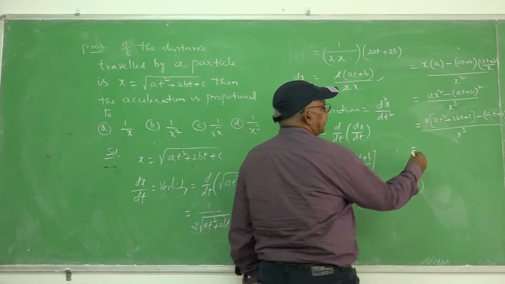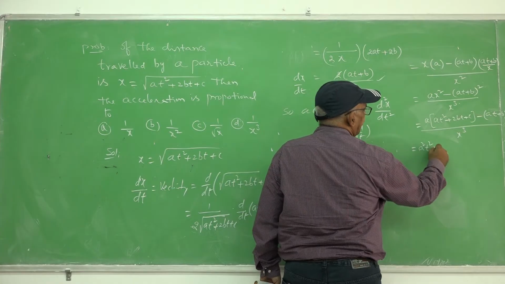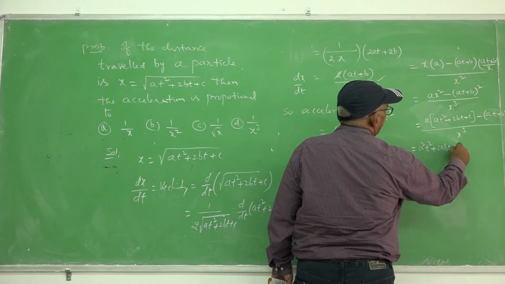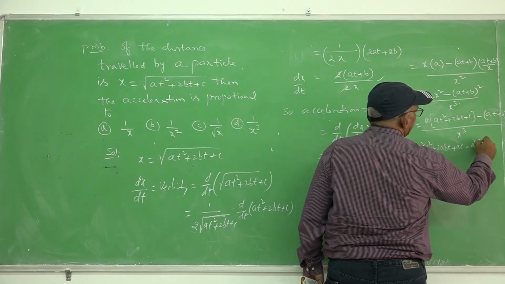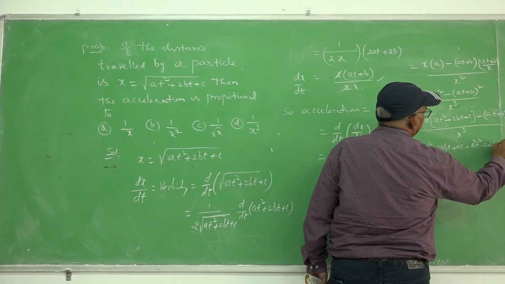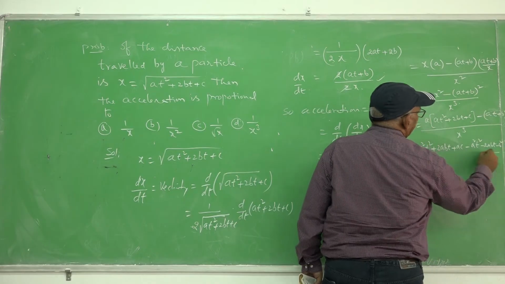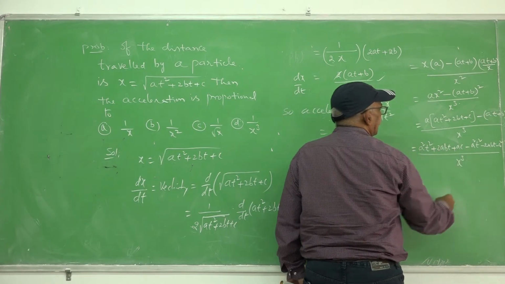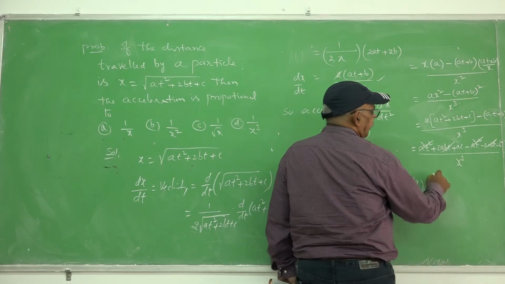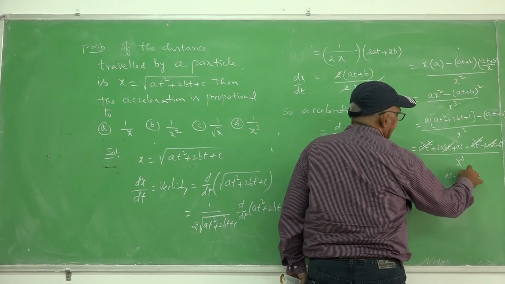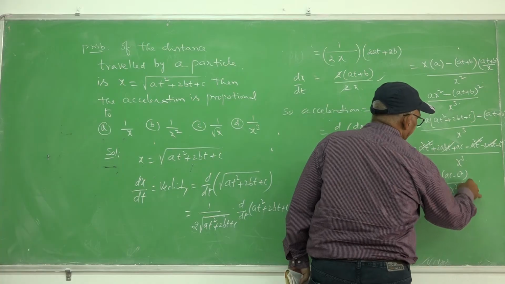Now this is a square t square plus 2abt plus ac, minus a square t square minus 2abt minus b square, by x cube. A square t square cancels, 2abt cancels, so that we get ac minus b square by x cube.